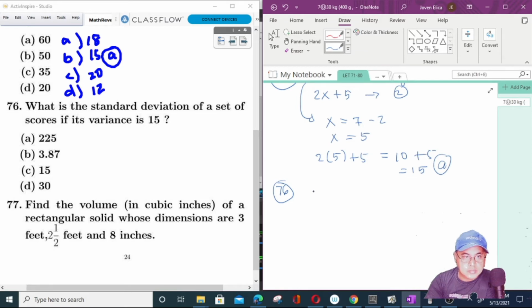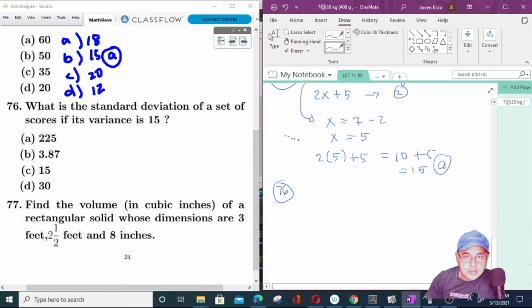So that's basically the concept of the variance: a measure that indicates how much values of the set of data deviate or spread out from the given mean.